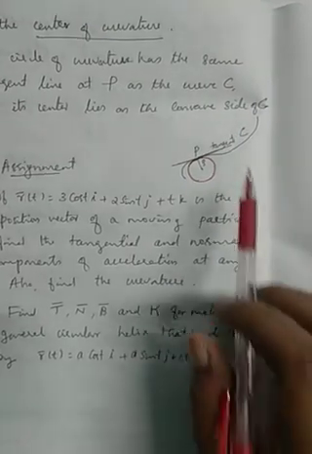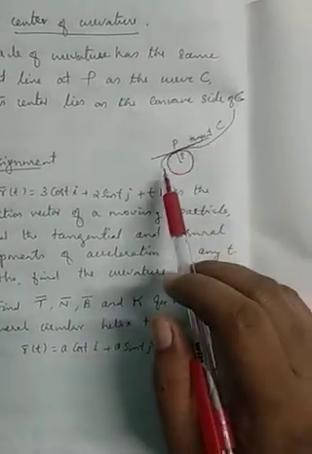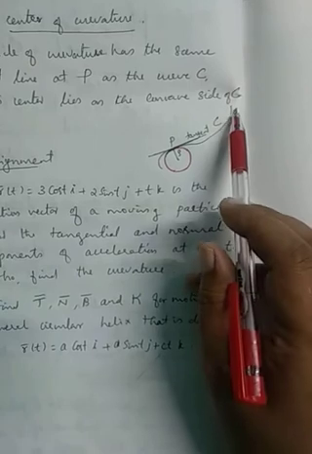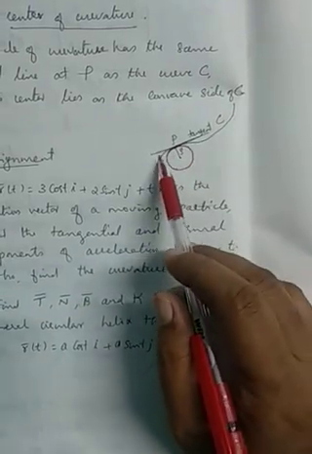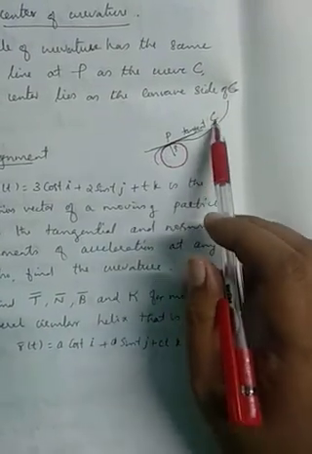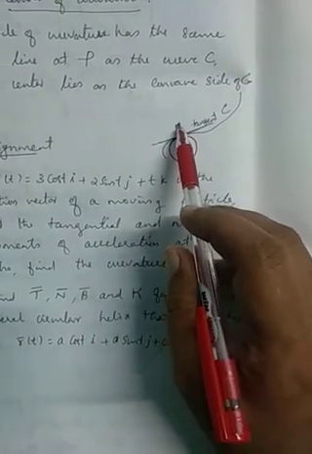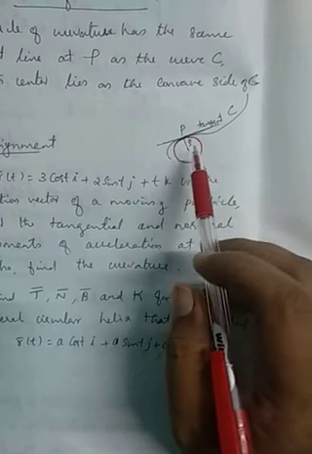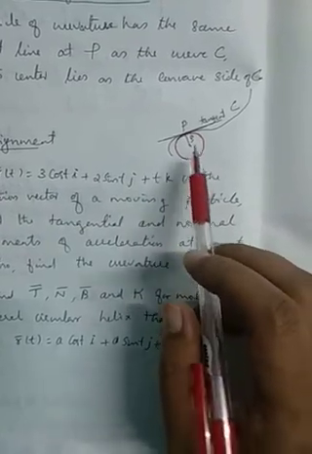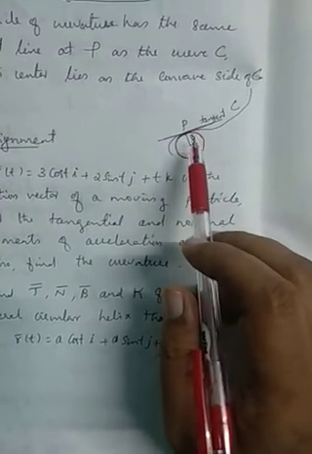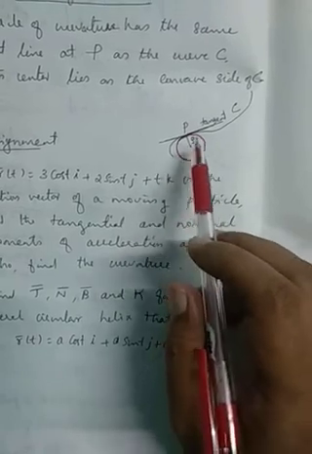Here I have drawn a curve C. So this is our curve C, shown in black ink. We consider a point P on this curve, and we have to find the circle of curvature. So we draw a circle that fits the curve.